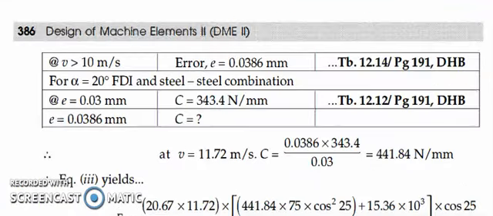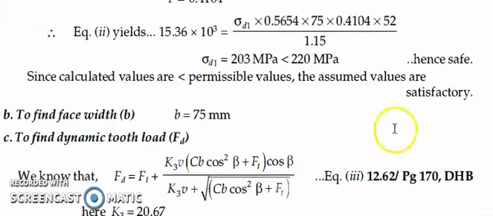Next we can calculate the dynamic tooth load, using equation 12.62. Fd is equal to Ft plus K3, which is a lengthy equation. Here the main difference is that there is a beta element with the trigonometric expansion, that is cos square beta and cos beta. So substitute the helix angle here, and we can calculate all other values.